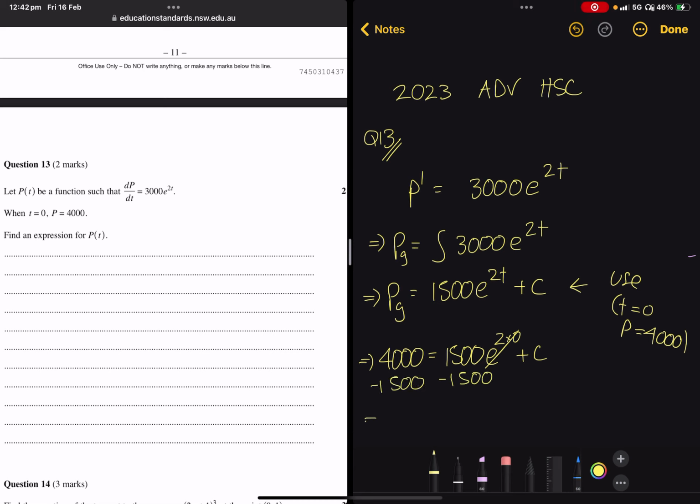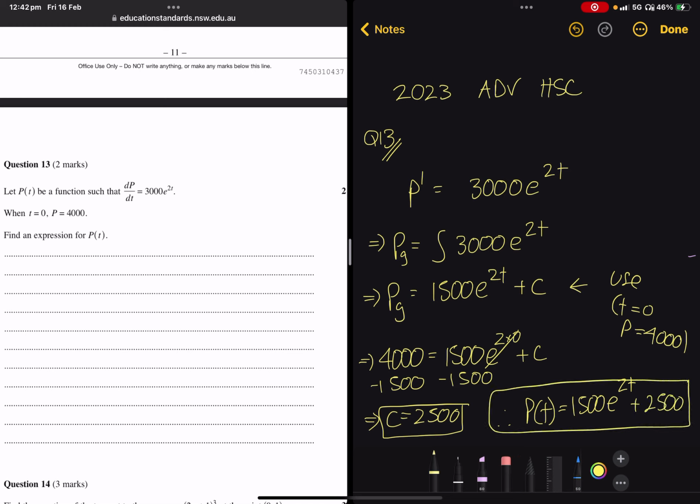This gives me c is equal to 2500. So c is 2500. Therefore, the expression for p as a function of t should be 1500 times e to the 2t plus 2500. And this is going to be the answer to this question.